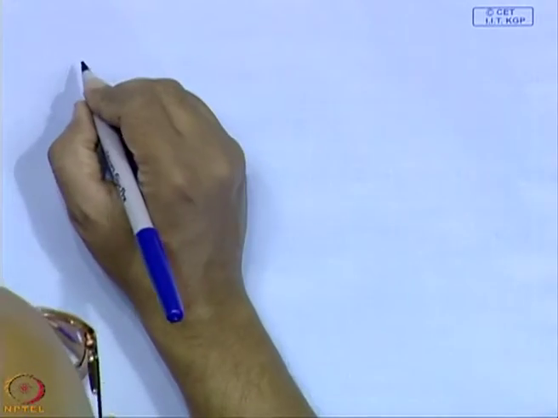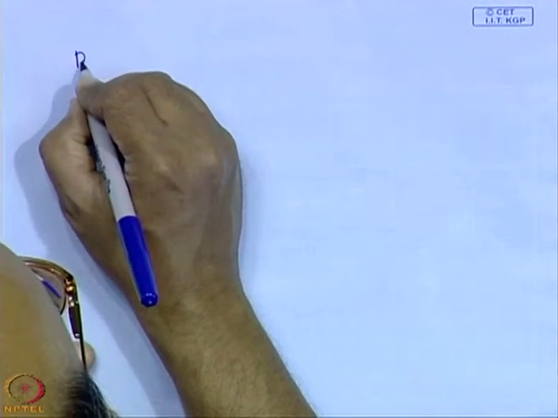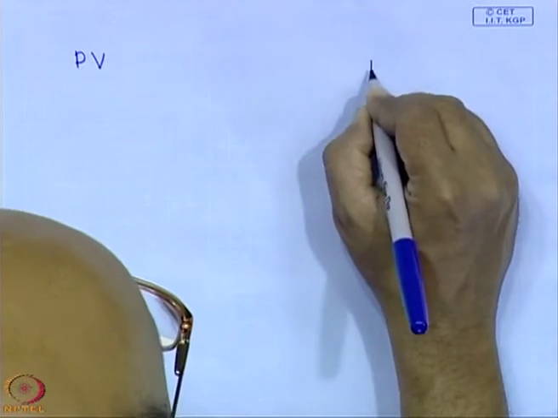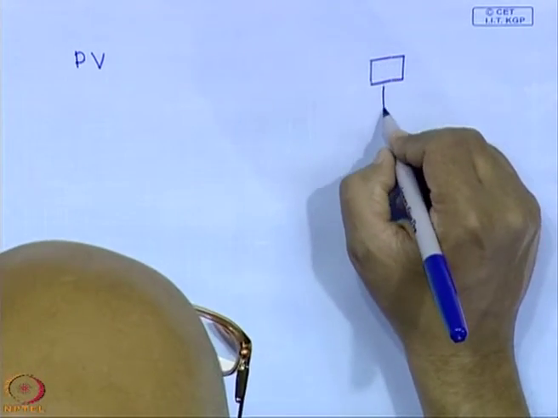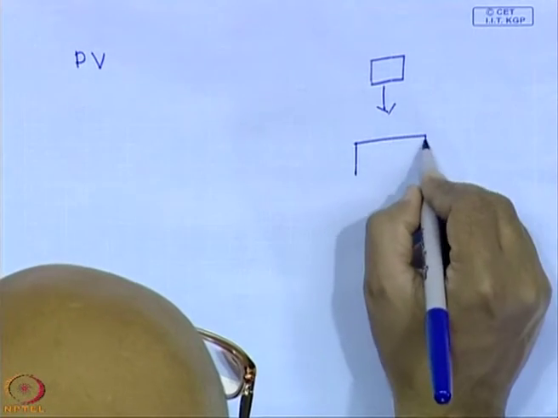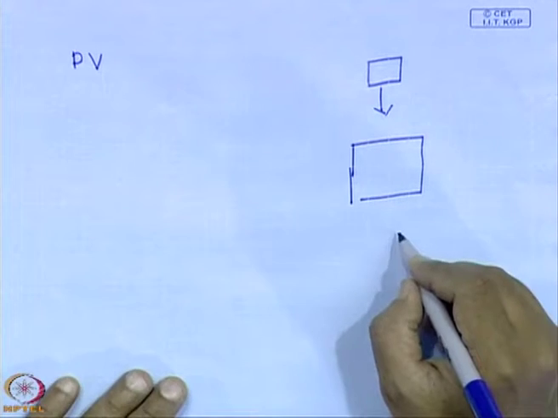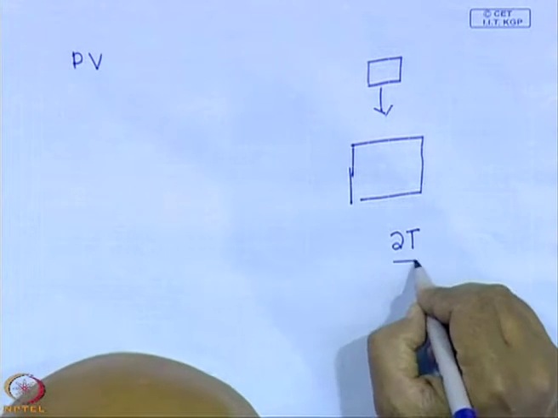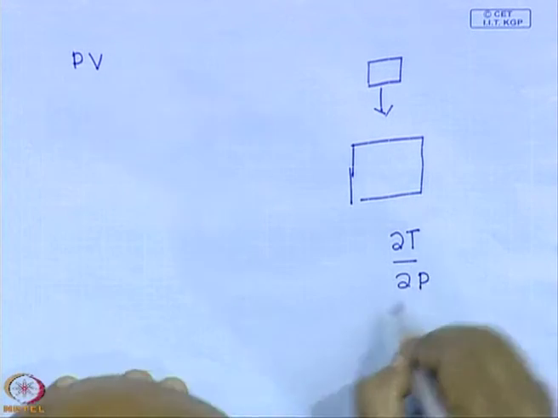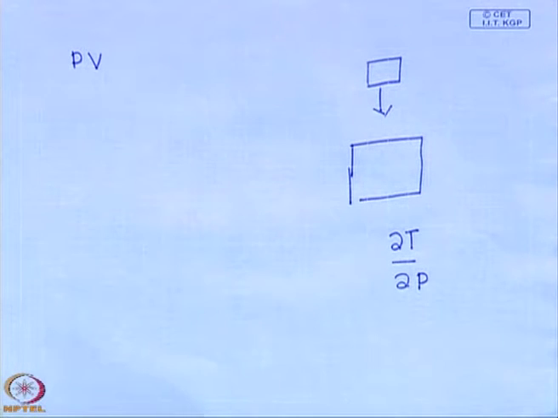So, we know that it has an equation of state. Let us consider a gas, and this gas is made to expand adiabatically. We would like to calculate del T/del P for such an adiabatic expansion.